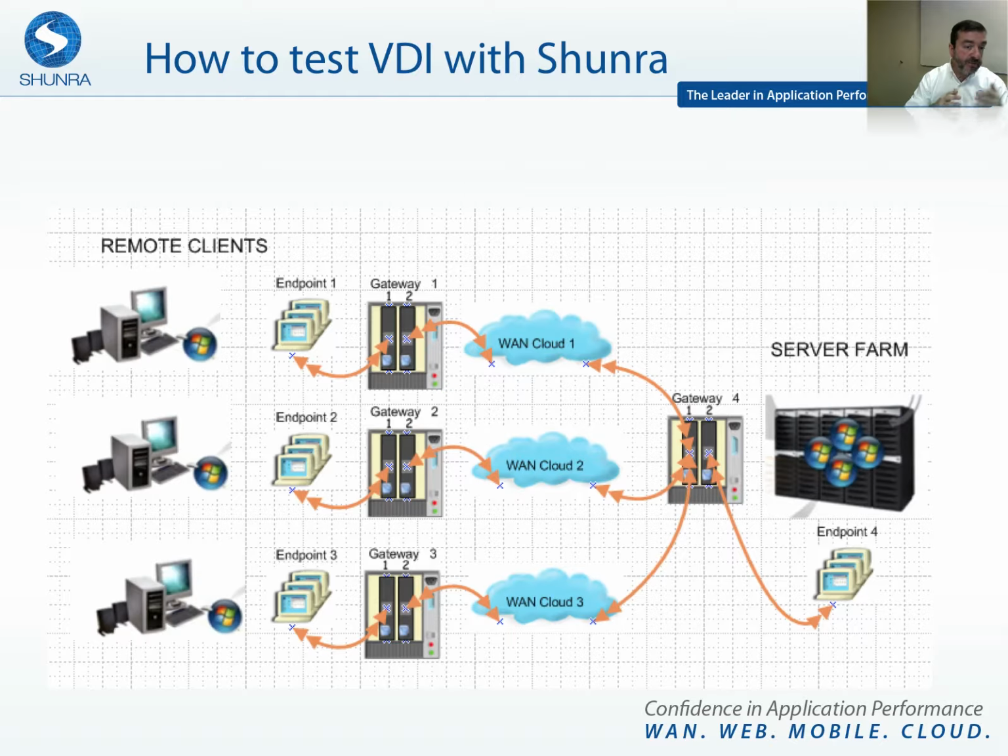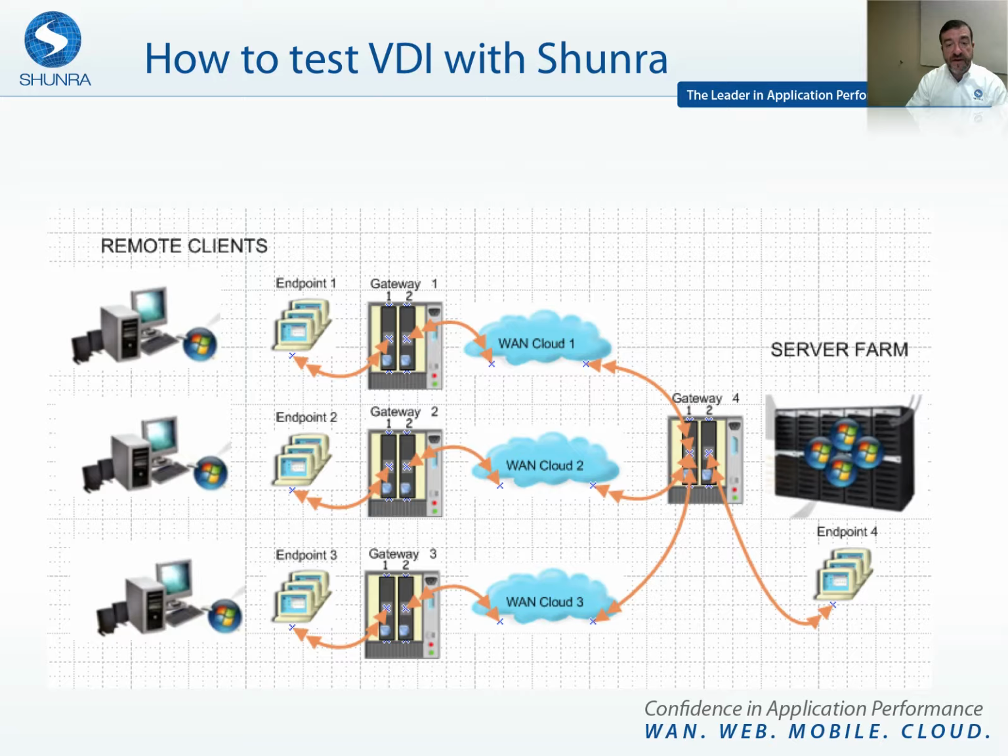Why is this important? Because obviously, if your server is in New York City and endpoint number one is in Charlotte, North Carolina, you are talking about 30, 40 milliseconds of latency. But if your endpoint number 2 is in Singapore, you are talking about 225 milliseconds of latency. That's a huge difference.